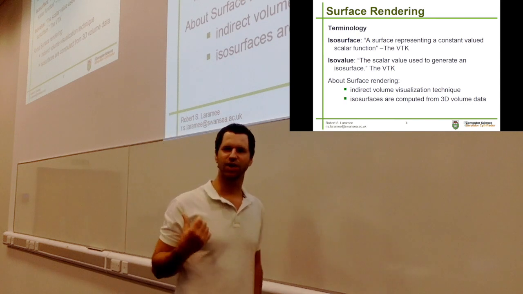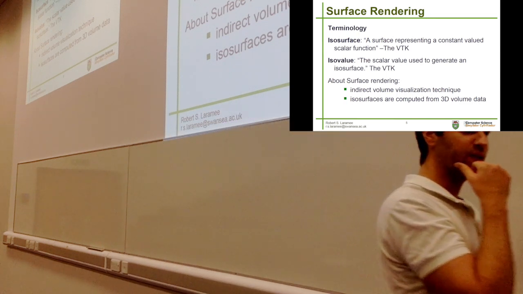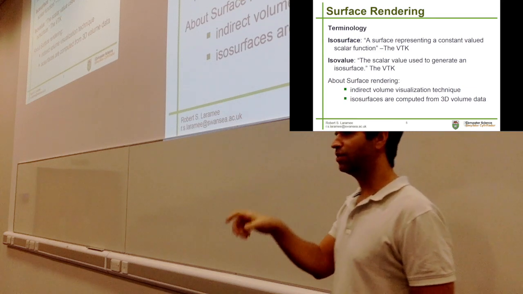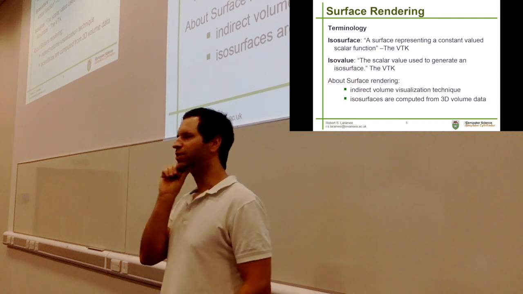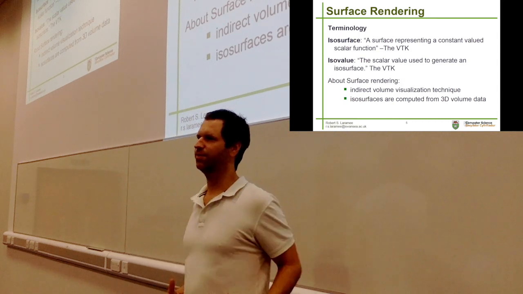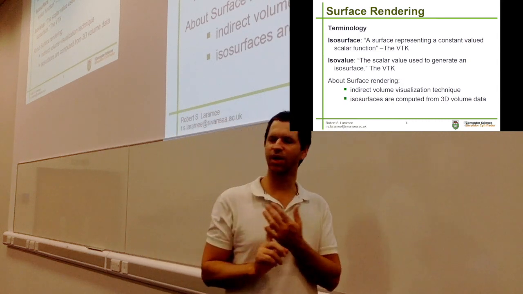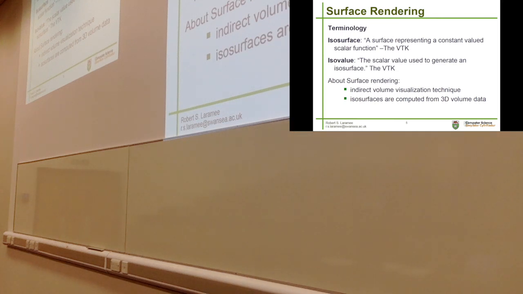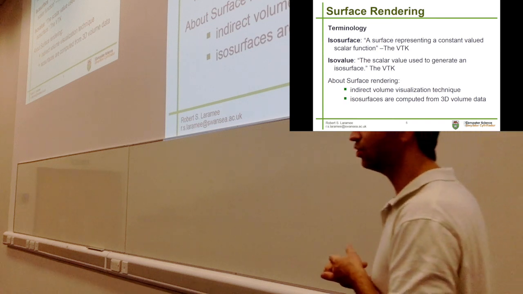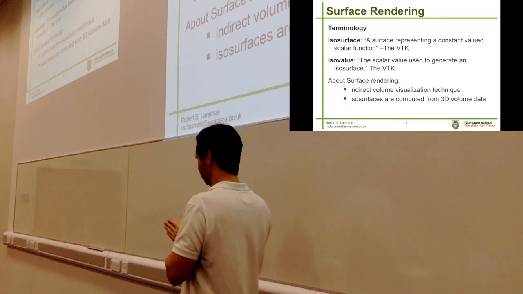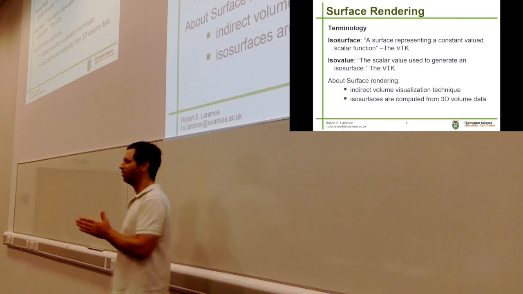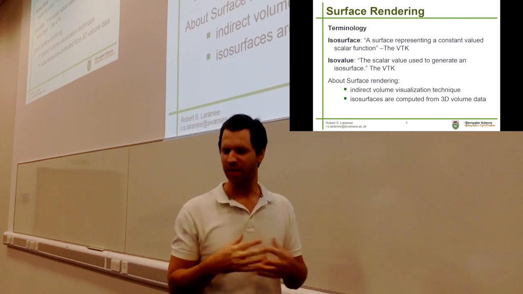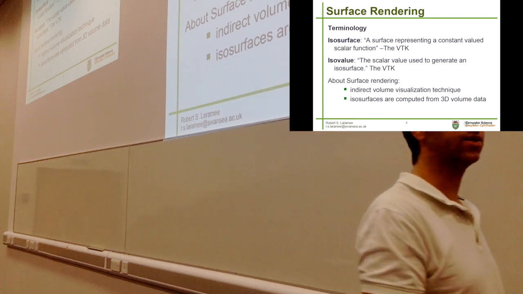And it's just like in the conceptual volume visualization pipeline. Remember the first example we went over with the images of the body? There was a surface representing the skin. There was another surface representing the bones. And there were surfaces representing the soft tissue. Well, each one of those surfaces had a constant scalar value. And that's what an isosurface is.